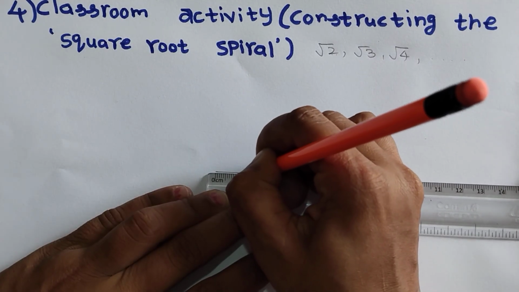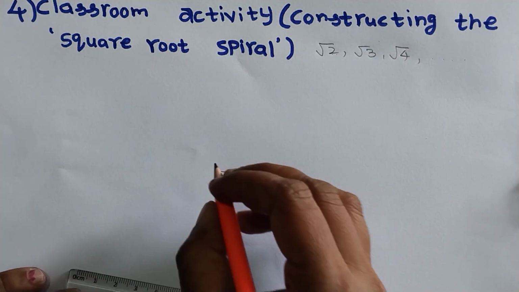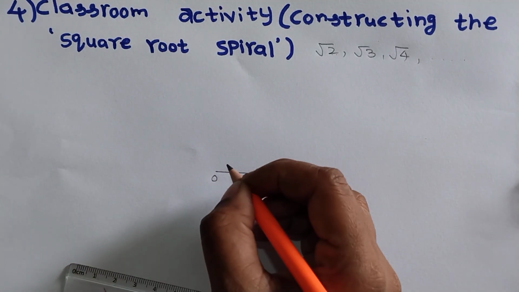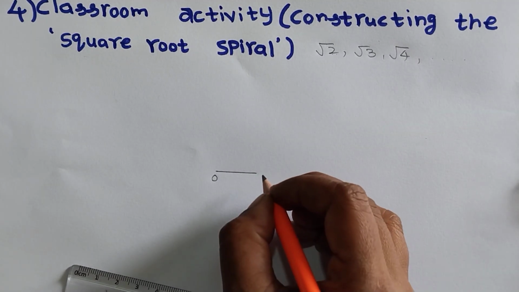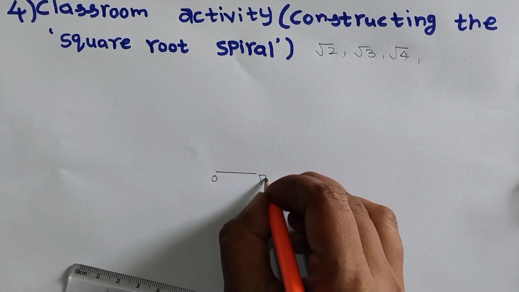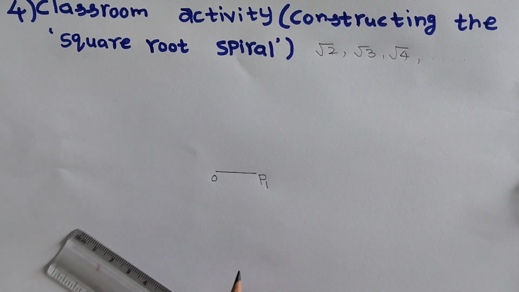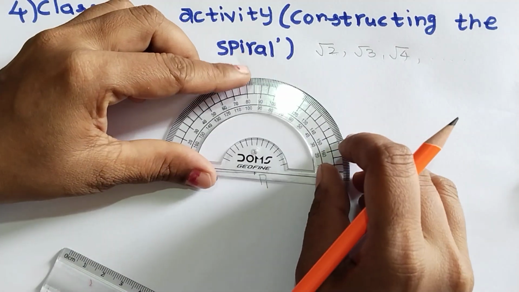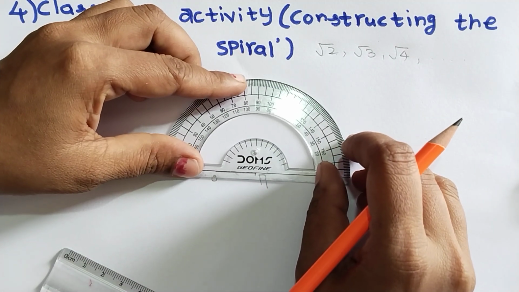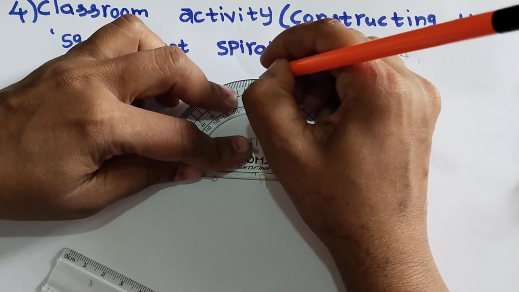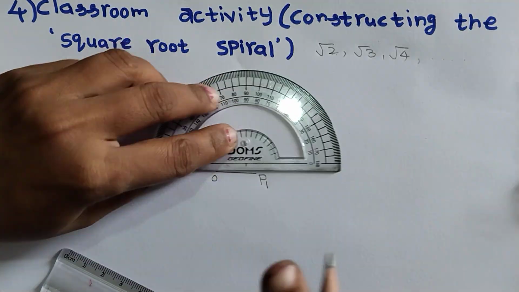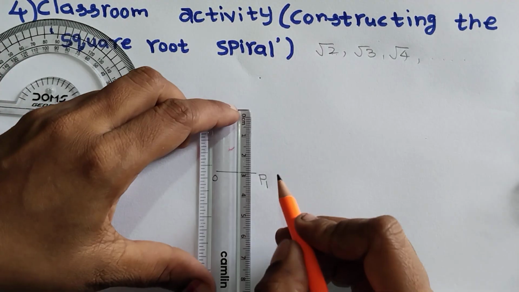We are going to take O and P1. Now at P1 take 90 degrees, till 1 unit.